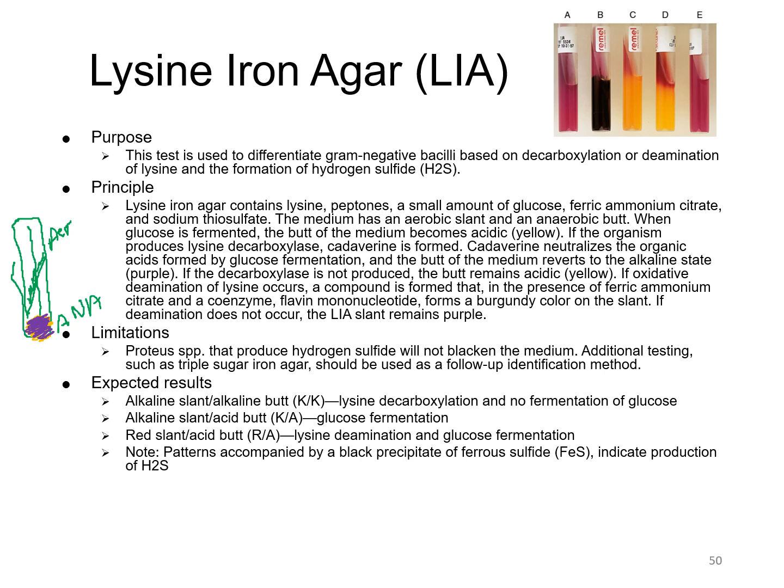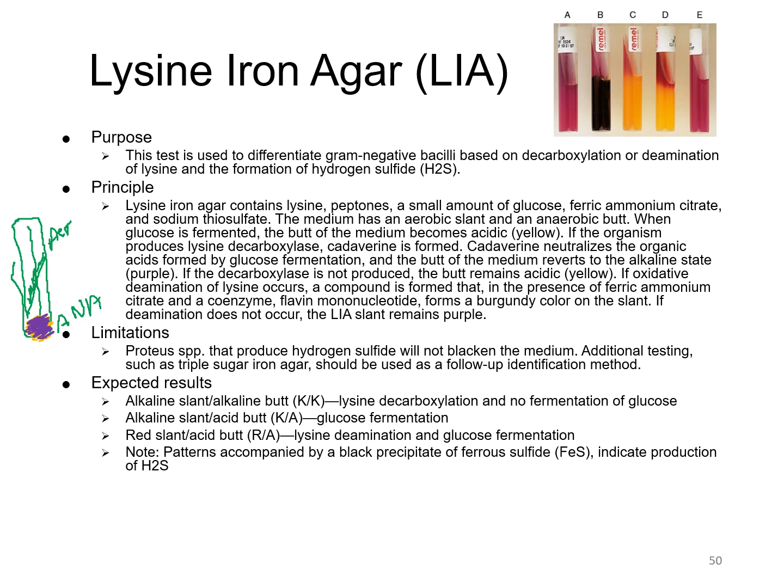I don't have a color to match. And then from there, if the decarboxylase is not produced, it does not produce that cadaverine, which means it will stay that acid yellow color. But if it does, then you'll get that purple color, or it will revert back.